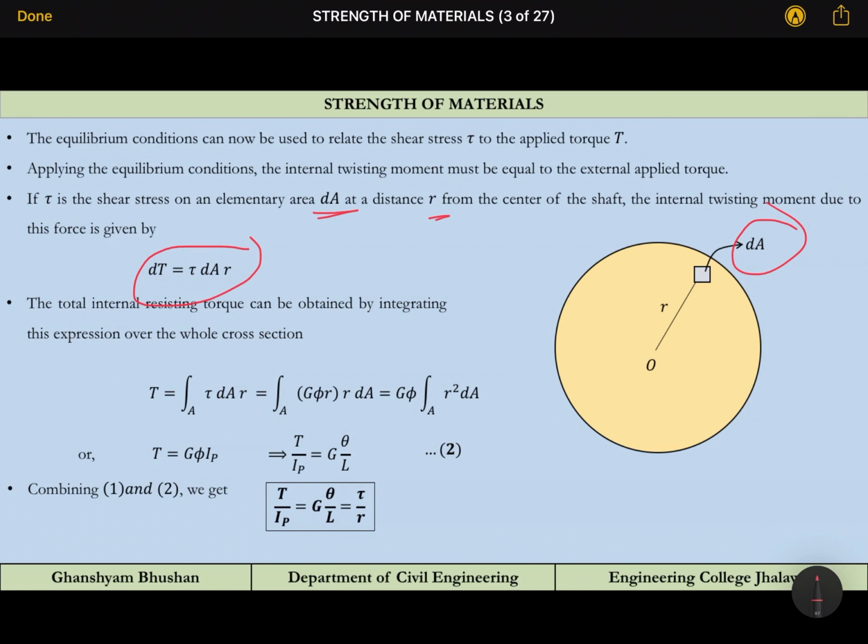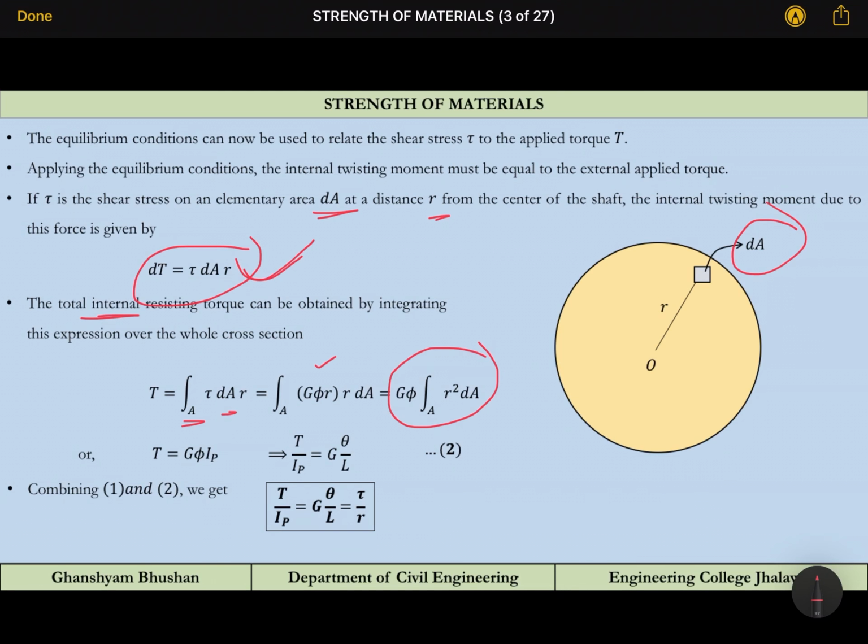Now the total internal resisting torque can be obtained by integrating this expression over the whole cross-section area. This is for the smaller area dA, but we have to derive for the whole area, so over the total area, let us say A. Integrating this term will give us the final equation.